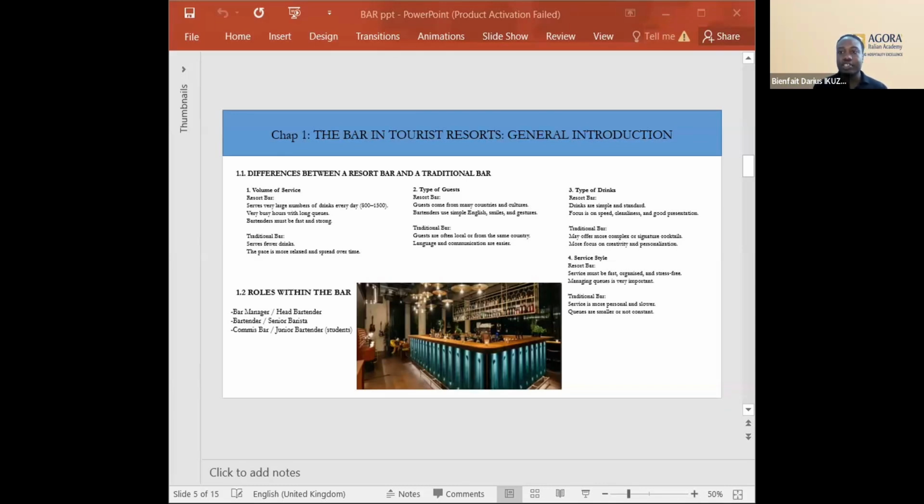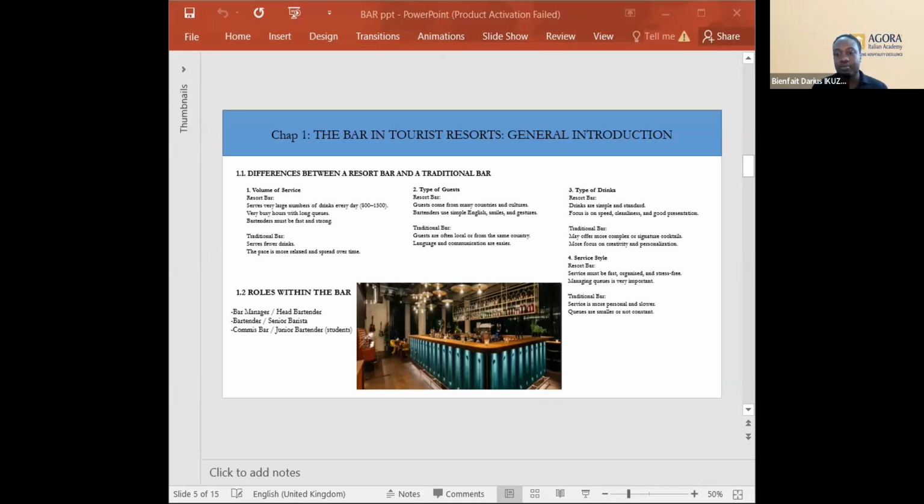And the third difference is the types of drinks we serve. In resort bars, we serve drinks that are simple but standard. Whereas in traditional bars, every bar has its own specialty, of course. If you check the menus at resort bars, more or less in all hotels they are pretty similar.